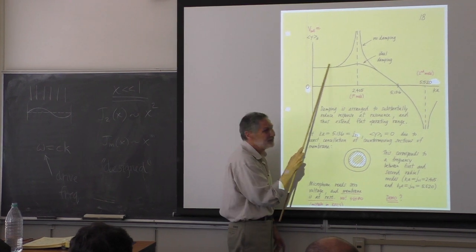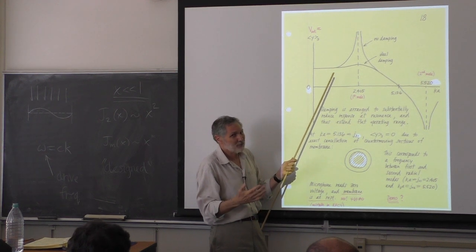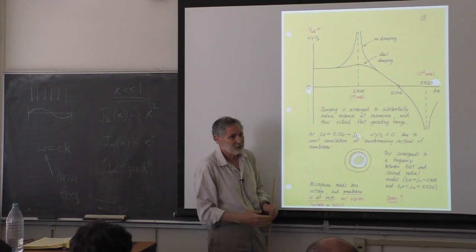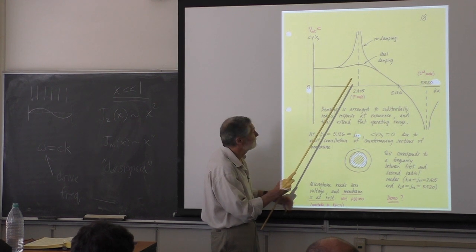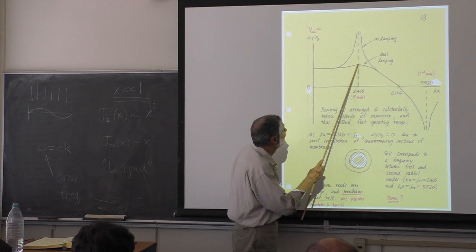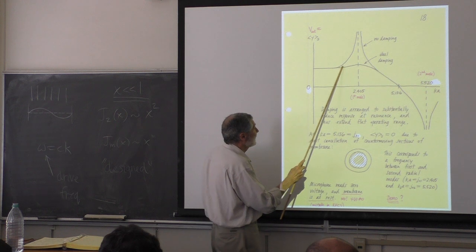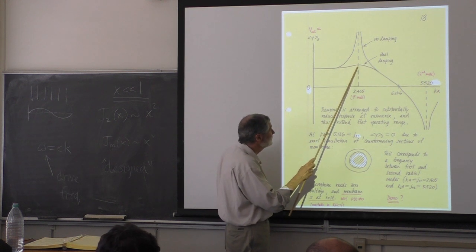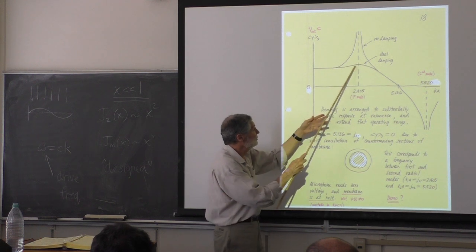Now it's not exactly flat, as you can see here. And what they do, and this is very common, every microphone, unless it's really cheap, they do this. This is one of the things you're paying for in a quality microphone. There's a little rise here, and so it's not exactly flat. But if you're doing something very precisely, you'll have in the spec sheet, you'll know what this is.